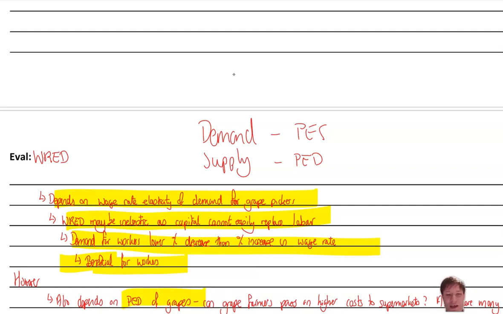Now, assuming that we cannot transfer over to capital-intensive production, I can't replace labour for capital, we know from the diagram that firms will be facing higher costs. And the only real way that they can deal with that, they could absorb it themselves if they already had supernormal profits. But the other way would be to pass on those higher costs to the consumer or to the supermarket or whoever they're selling the grapes to.